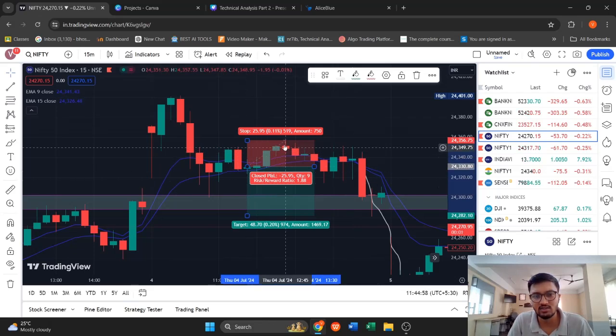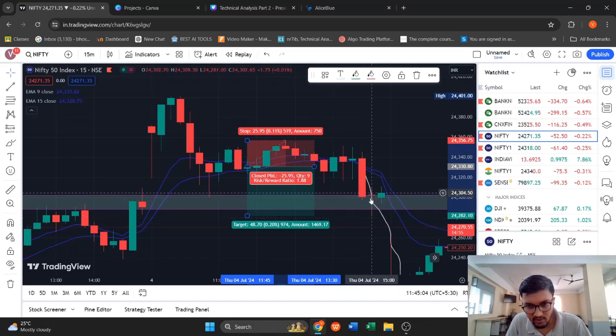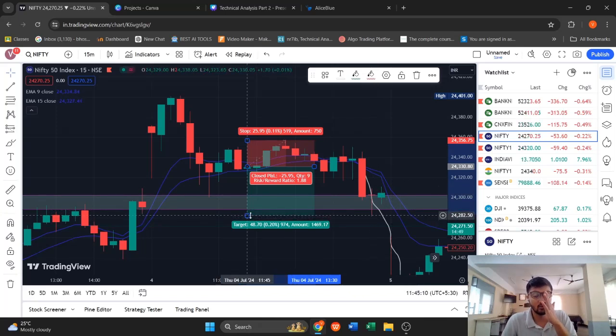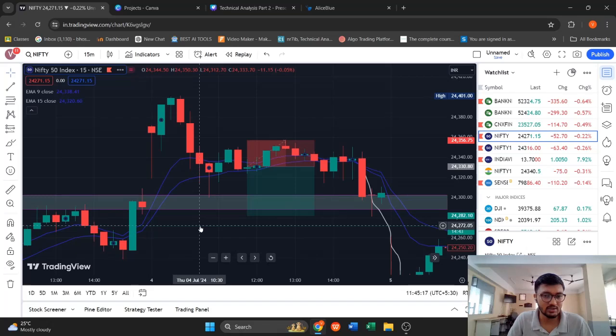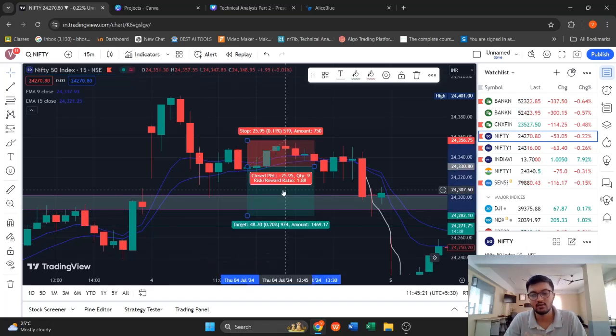The market after this went down for the full day, and I would have exited my trade here. So you would have gotten a profit of around 50 points in Nifty. So this is about the bearish engulfing pattern.